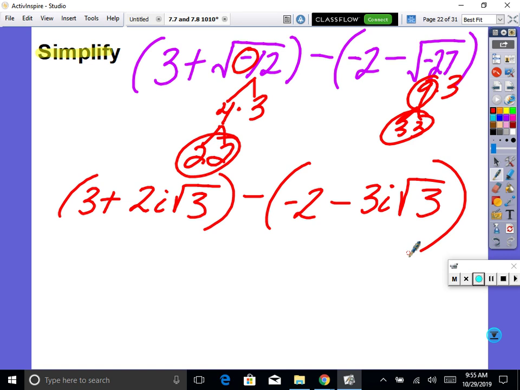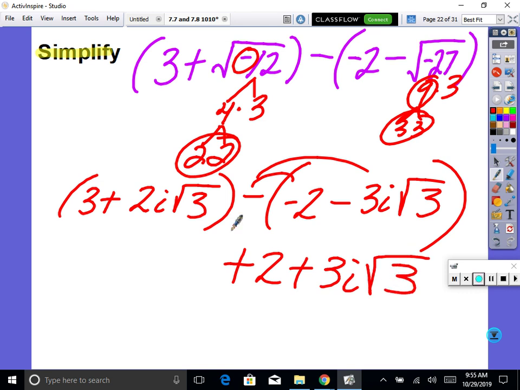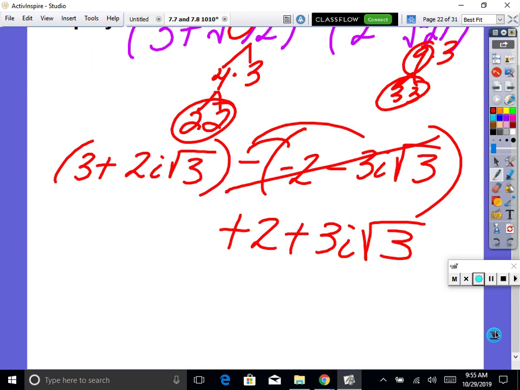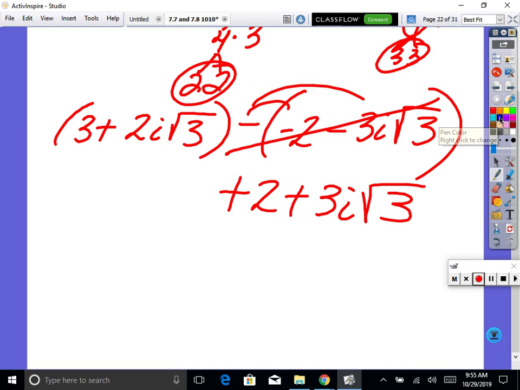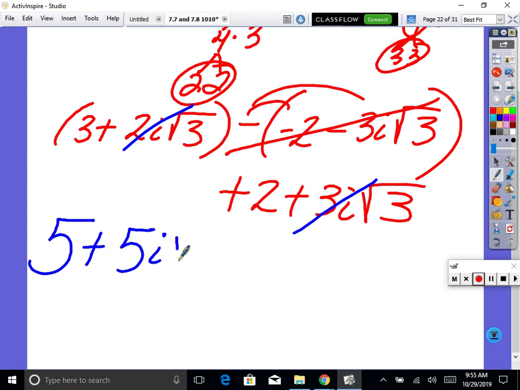First of all, subtraction, I'm going to distribute my negative, so that's plus 2 plus 3i root 3's. And now combine the real parts with the real parts, imaginary with the imaginary. So 3 plus 2 is 5. 2i root 3's plus 3i root 3's is 5i root 3's. How are you guys feeling about this?